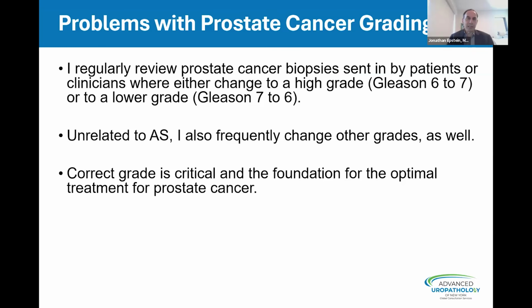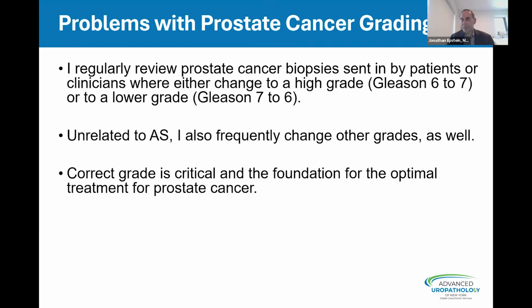Routinely, every day I'm looking at many prostate biopsies, many sent in from other institutions. When I regularly review prostate cancer biopsies, either sent in by patients or clinicians, I will often change the grade, either from a 6 to a 7 or maybe a 7 to a 6, which, as we'll talk about, is critical for active surveillance.